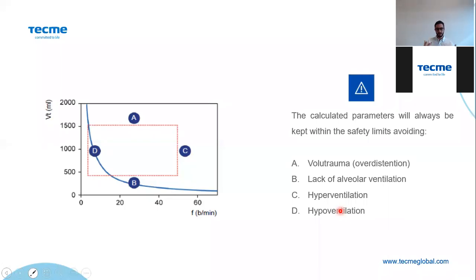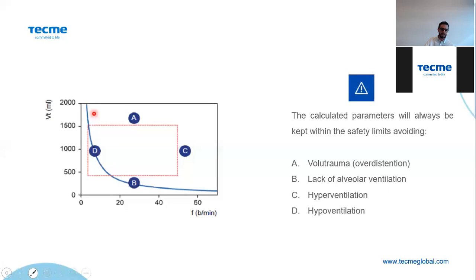So theoretically, with these parameters, the work of breathing will be the lowest one. So this is the AVA graphic.